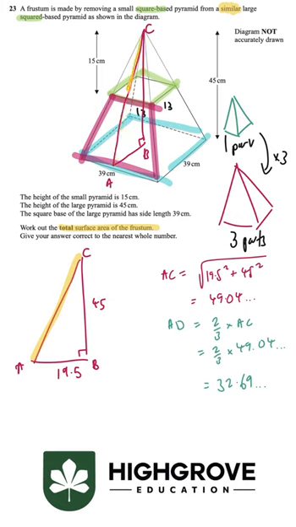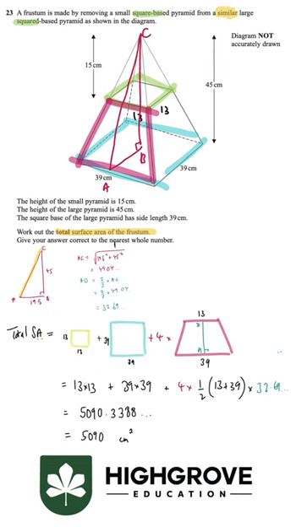So if this is 1/3 of that length, this must be 2/3, 2 parts out of 3 of that entire length. So that's why I'm multiplying this length AC by 2/3 here to get this number. Okay, that's brilliant. So that's going to help me to work out the total surface area of this shape.